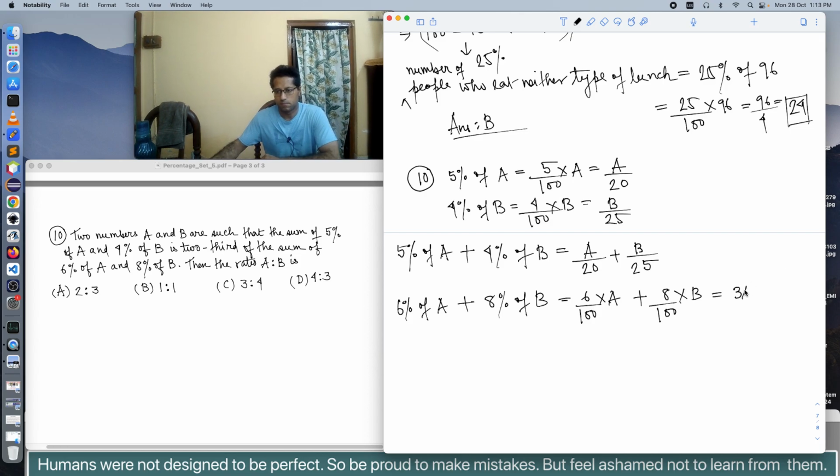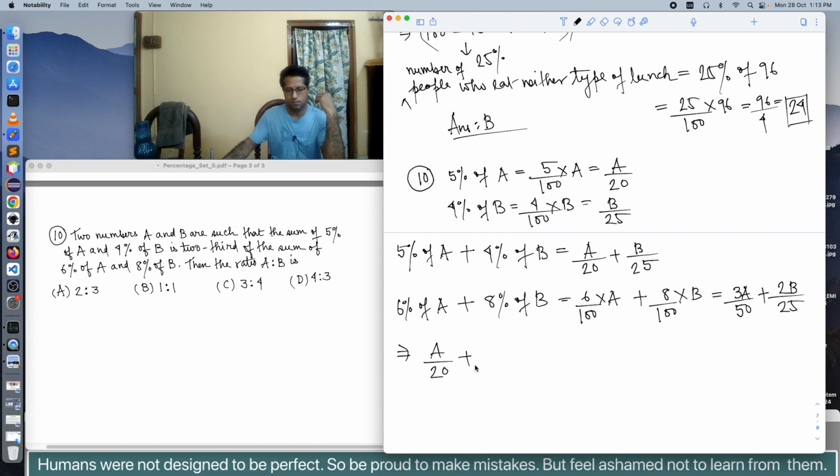3A by 25 or 3A by 50 plus 2B by 25. Now, it is given that the sum of 5% of A and 4% of B is 2/3 of the sum of 6% of A and 8% of B. So we must have A by 20 plus B by 25 is equal to 2/3 of 3A by 50 plus 2B by 25.